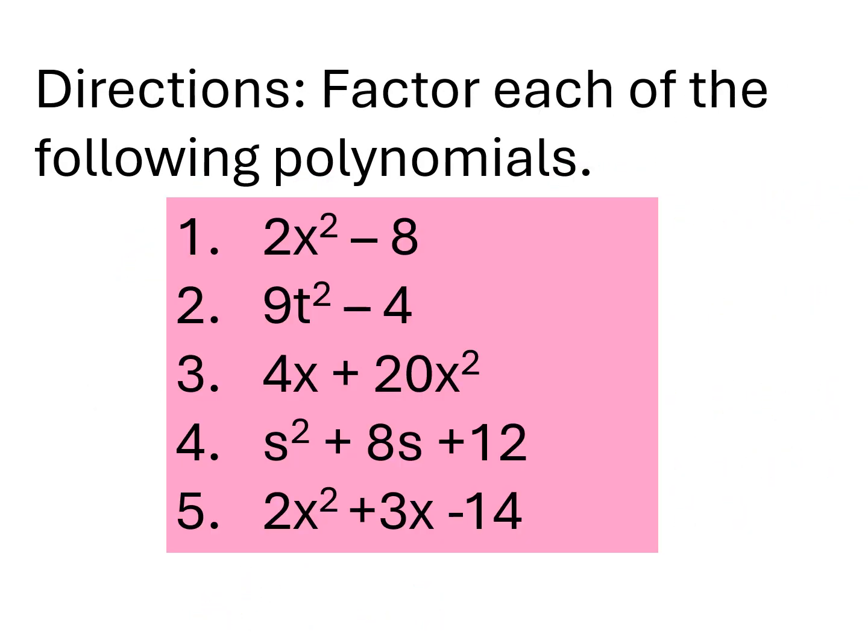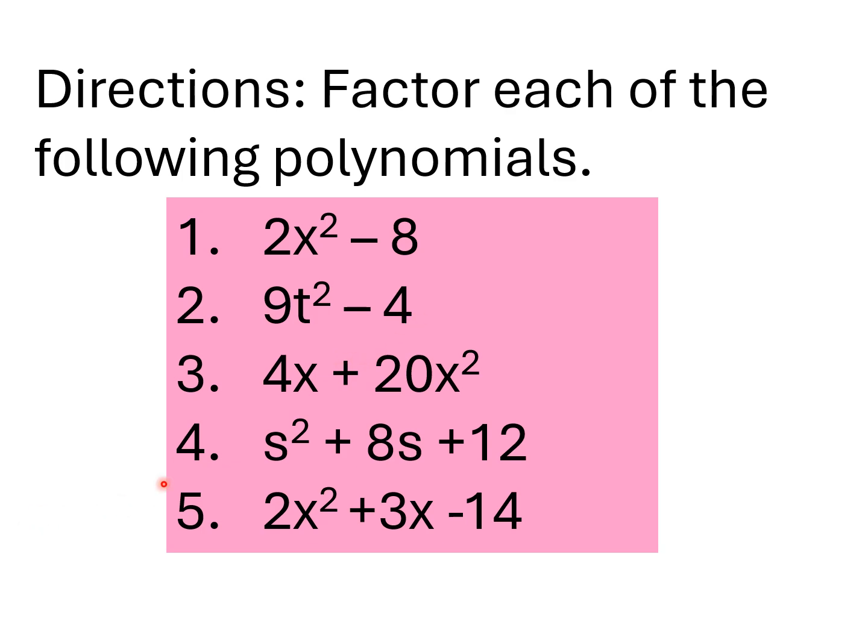Before we learn the factoring method for solving quadratic equations, let us first master factoring polynomial expressions. Observe the different quadratic expressions. In number 1 and 2, we see only the quadratic term and the constant term.